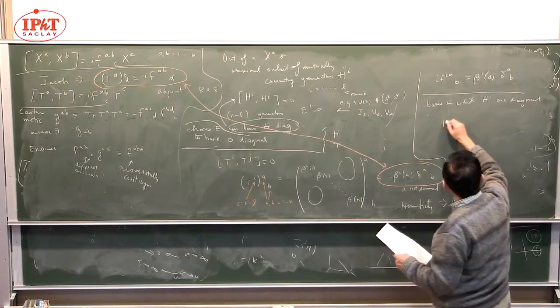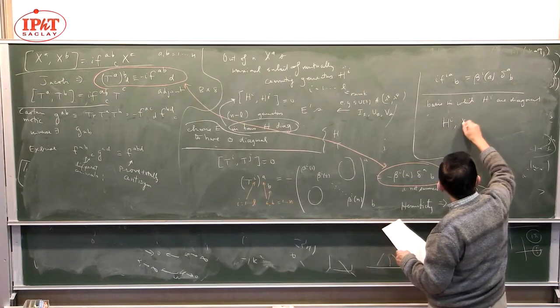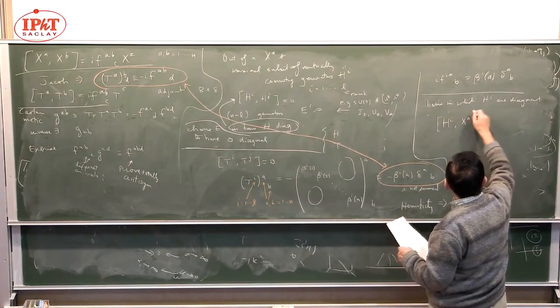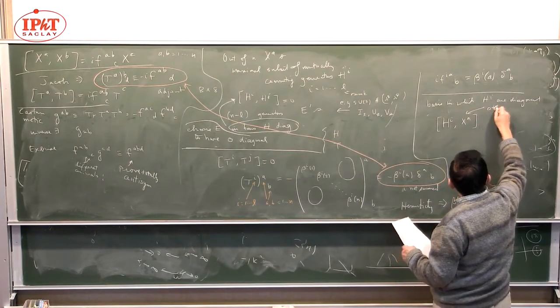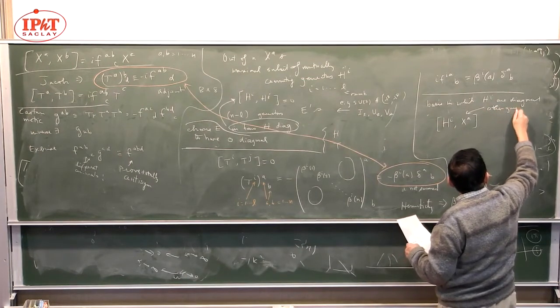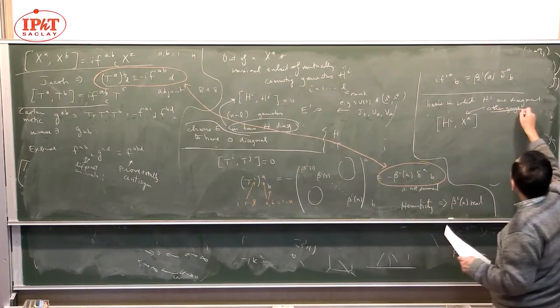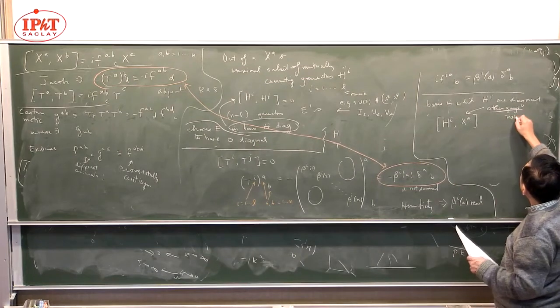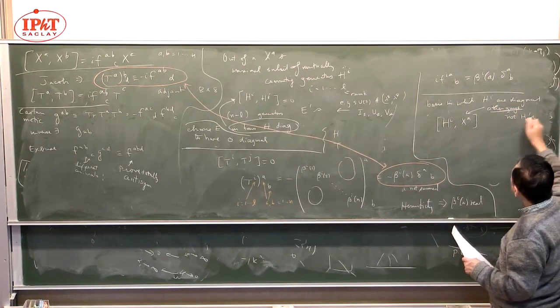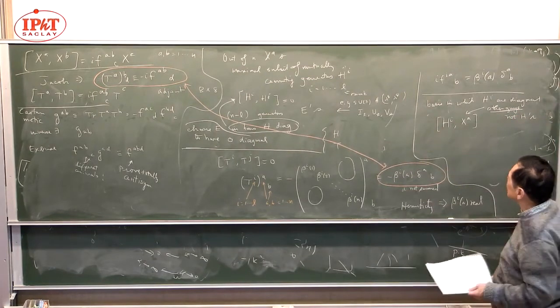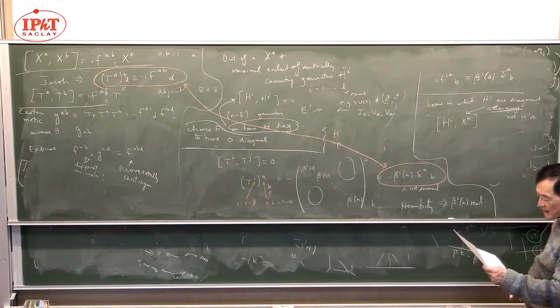So now let's consider HI commuted with XA, where XA would be the other guys. That is to say, the things in the algebra which are not the H's. We already know the H's commute with each other, so we commute H with the other X's.